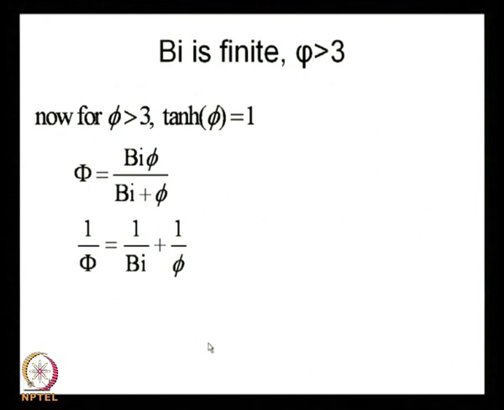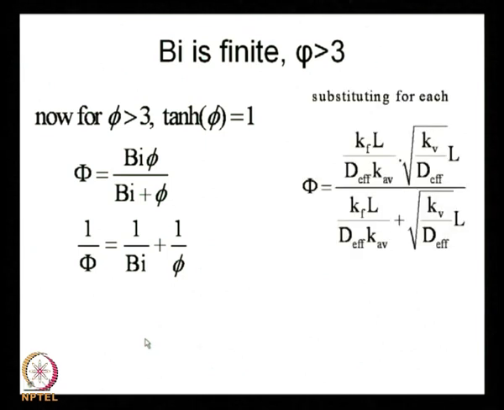So, this is for a finite Biot number with phi square much greater than, basically 10 would work. Next, what we are trying to do is find out what my observed Thiele modulus is, or in other words what my observed reaction rate is, based on other quantities, because I am a little lazy and I do not want to be measuring the actual reaction rates.